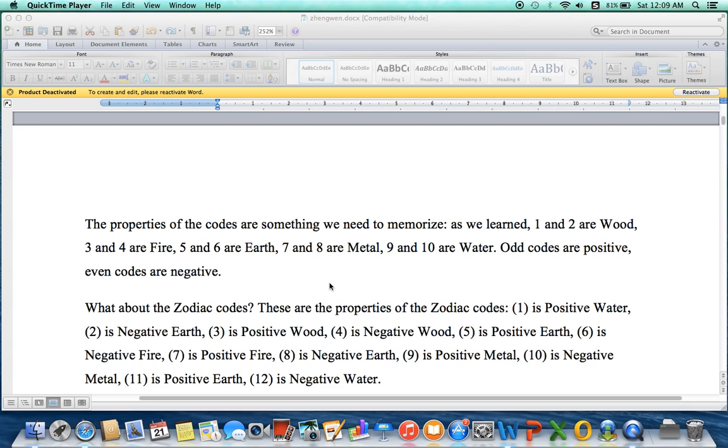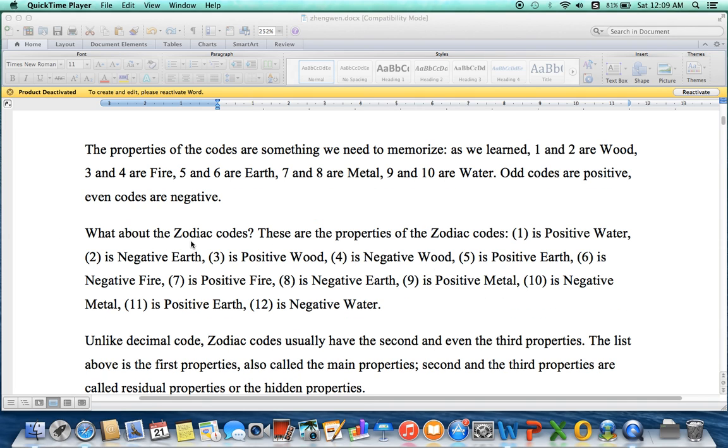I remember it like this because the order is wood grows fire, fire grows earth, earth grows metal, and metal grows water. So it starts with wood and follows the generating circle.